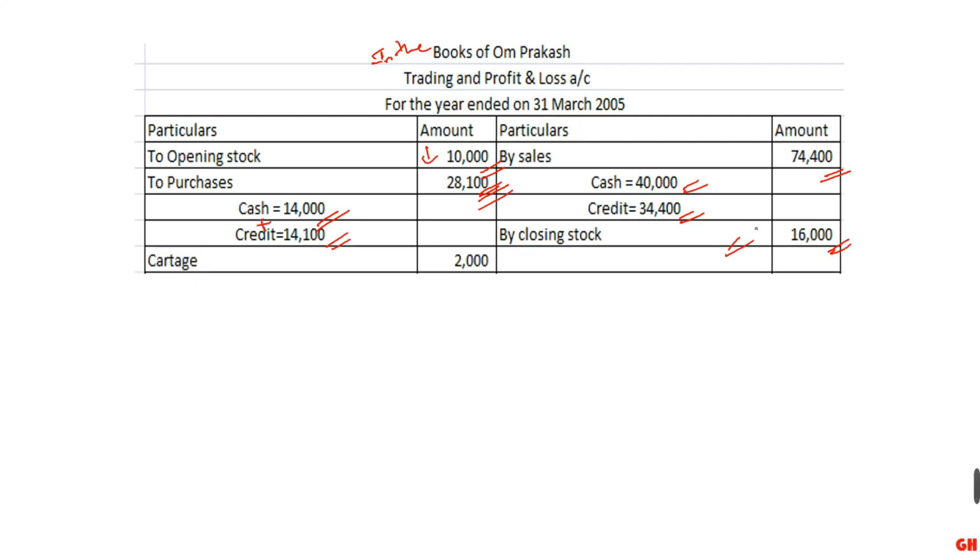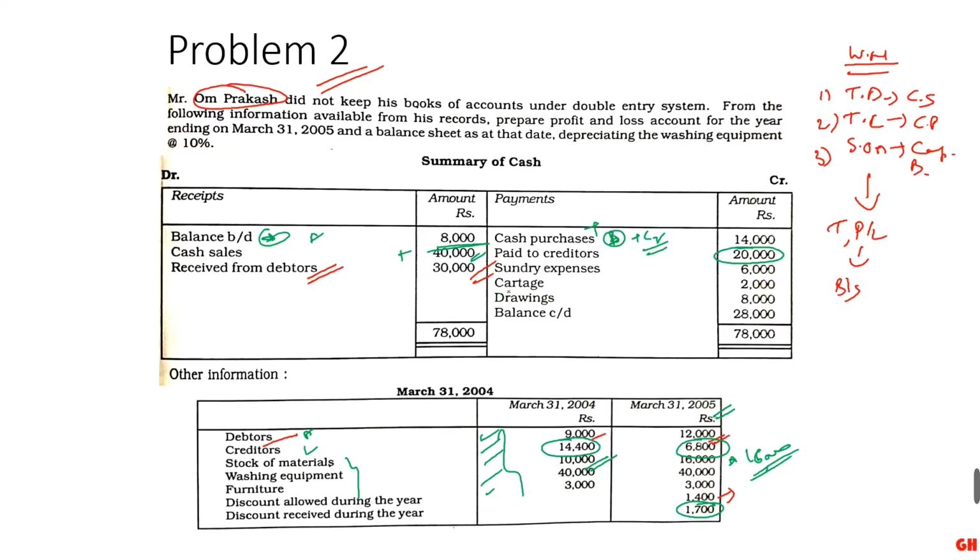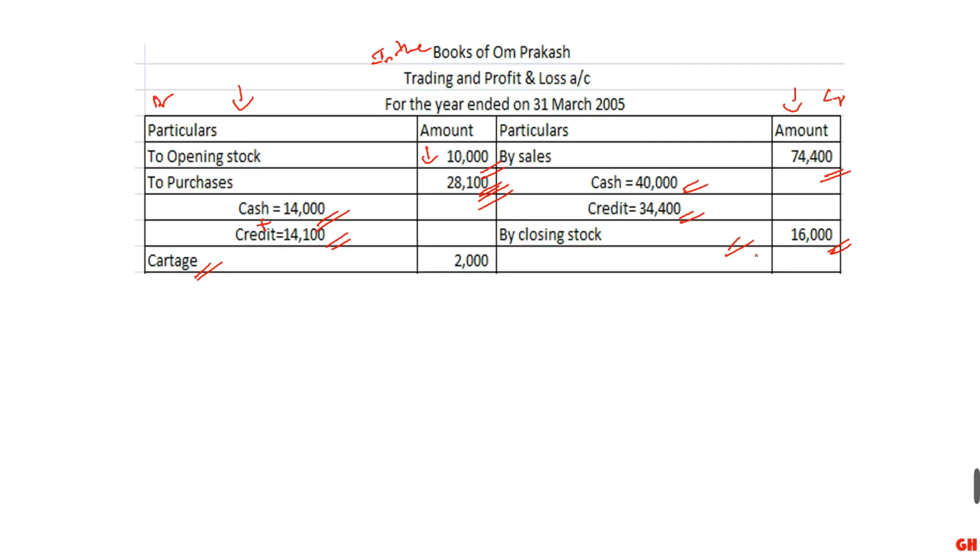Now we will balance. Also cartage is given. Cartage is carriage. Carriage is an expense directly related to manufacturing or trading purposes, and this is debited. All the expenses are debited here, and all the income is shown on the credit side. So cartage or carriage is 2,000 rupees. It is mentioned that carriage paid is 2,000 by cash.